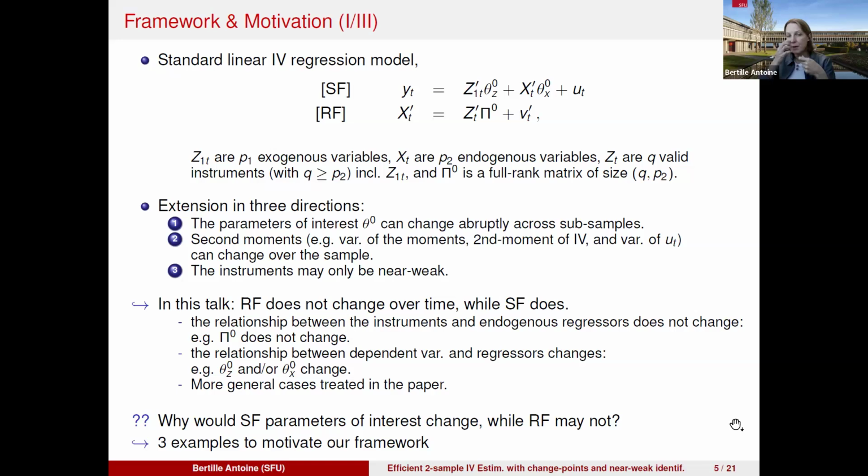Before I move forward, maybe you are thinking: why this situation? How come the structural equation is changing, but the reduced form is remaining stable? So before getting into too many details, I want to bring you a couple of motivating examples where we believe it is credible to have a stable reduced form and a structural form that is not stable.